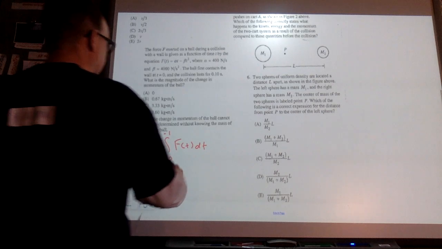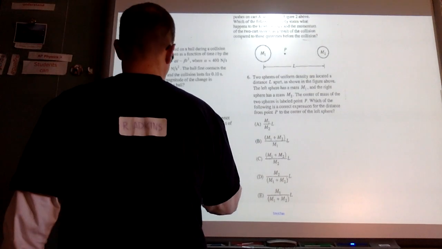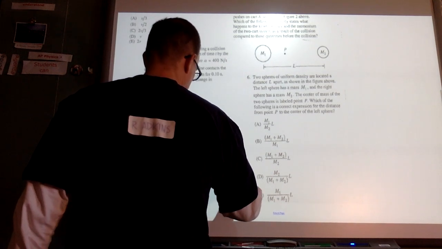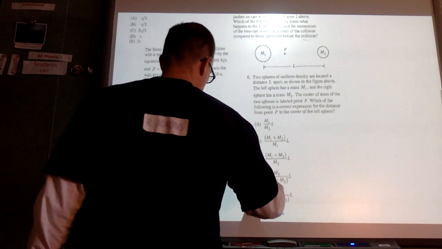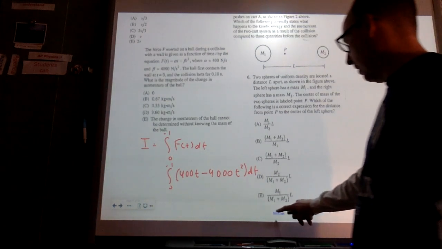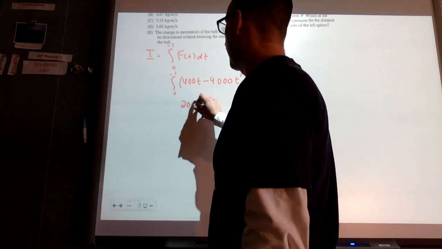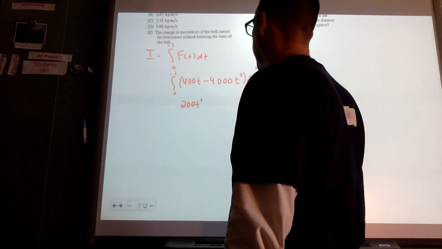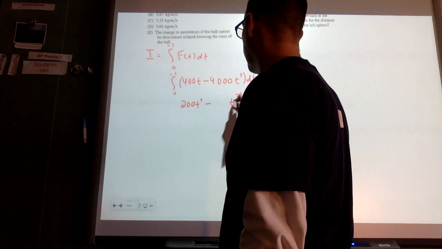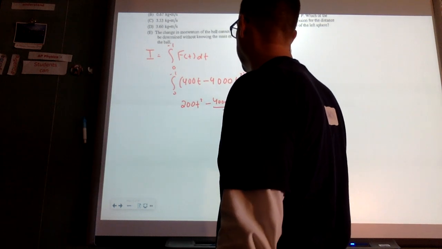Let's put in our values. So we have the integral from 0 to 0.1 of 400t minus 4,000t squared dt. And so this would be 200t squared, and this would be 4,000 over 3 t cubed.